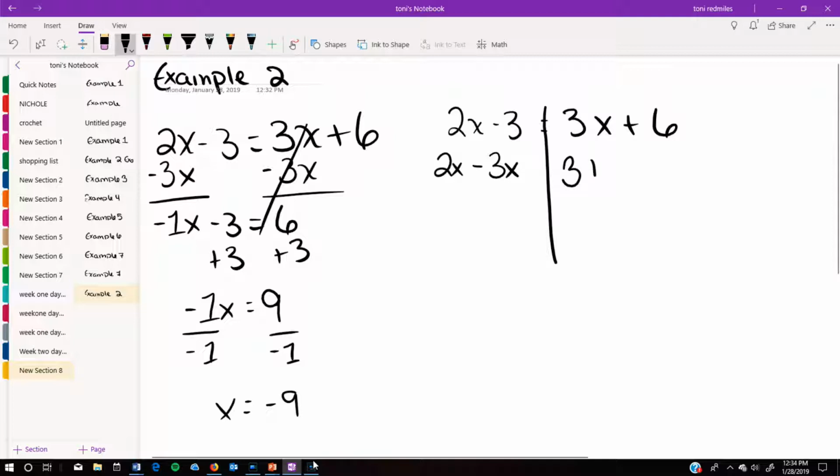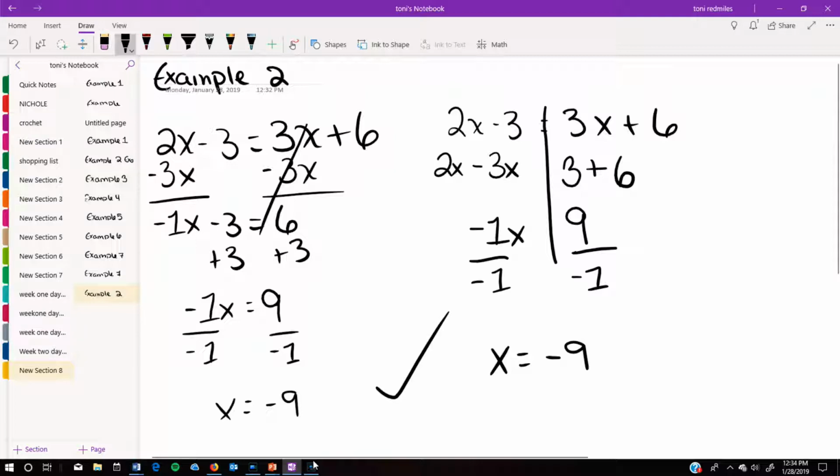This 6 is going to remain where it is, so it doesn't change its sign. 2x minus 3x is negative 1x, and 3 plus 6 is 9. Still got multiplication tied to that x, so I'm going to divide out a negative 1, and x is going to equal negative 9. They both worked out the same.